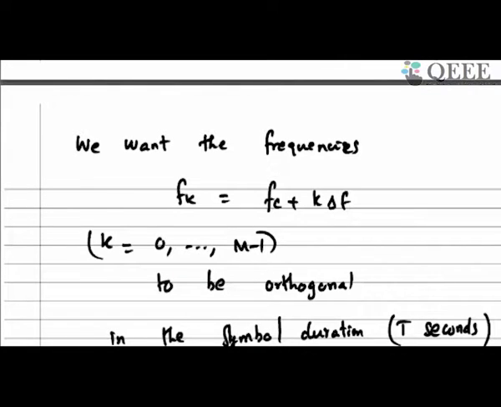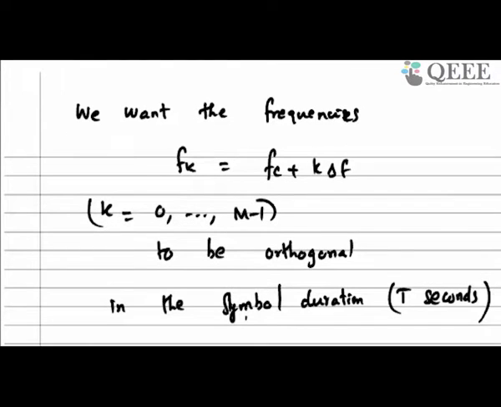So the one important criterion we use is that we want the chosen frequencies to be orthogonal in this duration of T seconds. Orthogonal essentially means I multiply these two cosine waveforms of two different frequencies and integrate the product over this duration of T seconds, then the integrated product has to become 0. That is the definition for orthogonality.